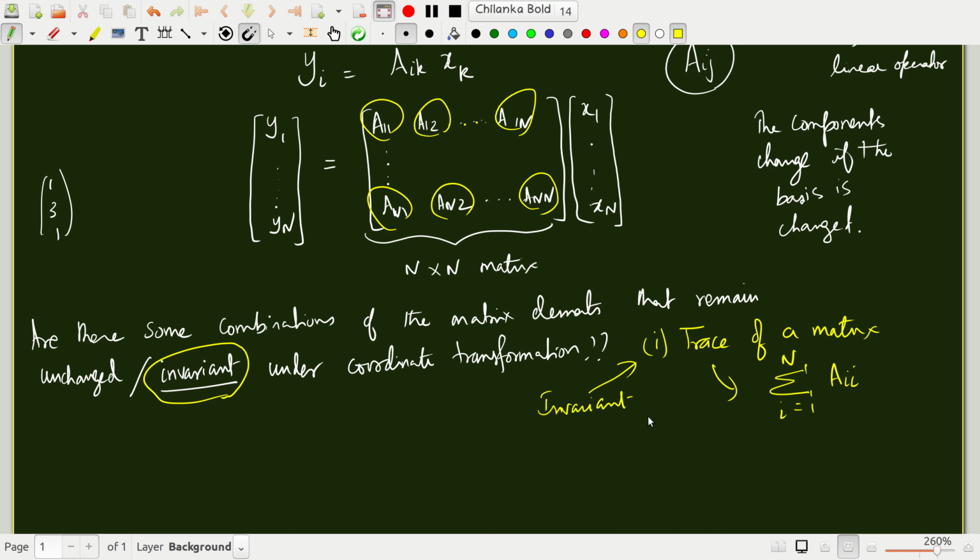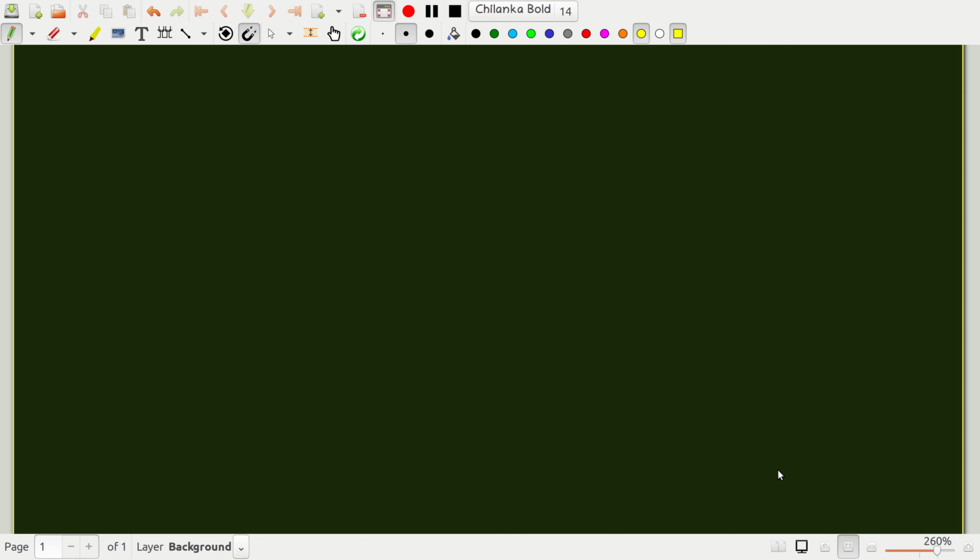The other invariant that we are going to discuss today is the determinant of a matrix. You might have heard of the term eigenvalues of a matrix. Eigenvalues also remain invariant under coordinate transformations. We'll come to that a bit later. But right now, in this module, I'm going to discuss a little bit about determinants.